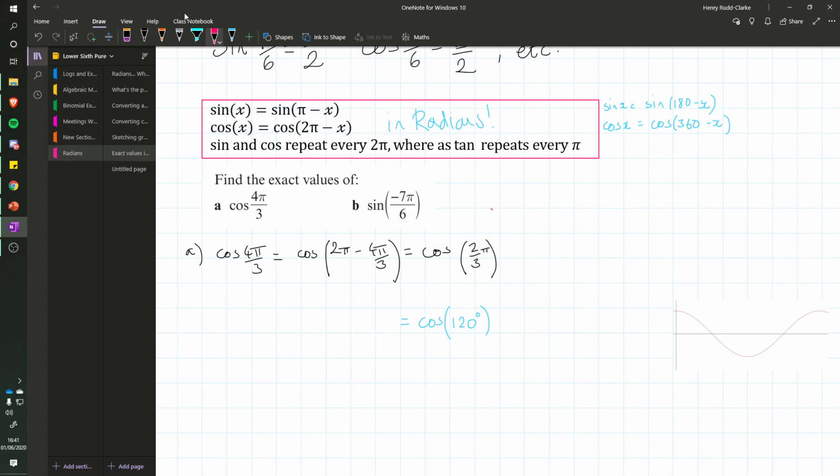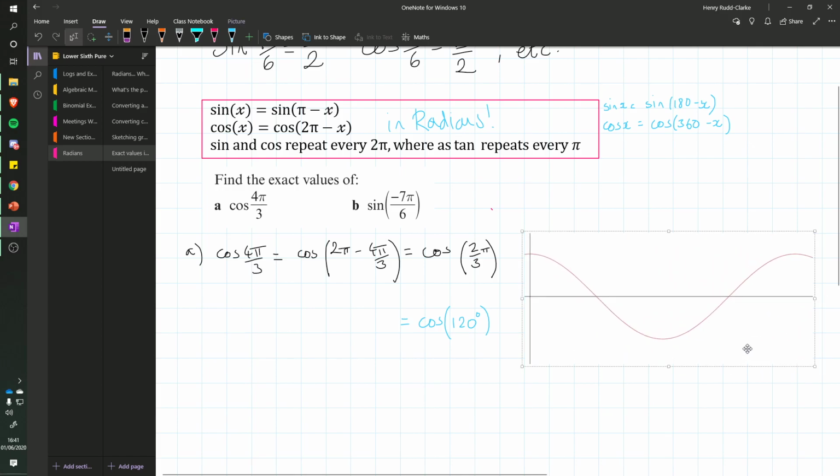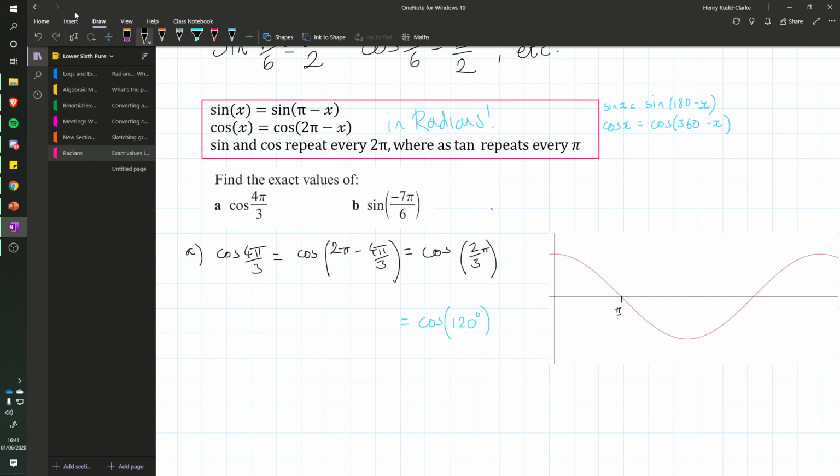So there's a few things that we can do, but really I think to get the solution to this one, we do want to have a quick look at the cosine graph, and we want to think about, well, where is this? This is actually a kind of a tricky one to find the answer for.